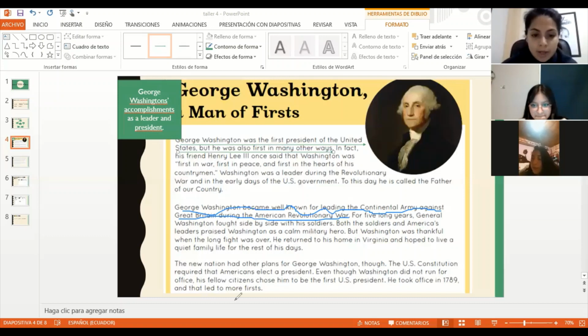The new nation had other plans for George Washington, though the U.S. Constitution required that Americans elect a president. Even though Washington did not run for office, his fellow citizens chose him to be the first U.S. president. He took office in 1789, and that led to more firsts. So what is the main topic of this paragraph? What information is that paragraph telling us?